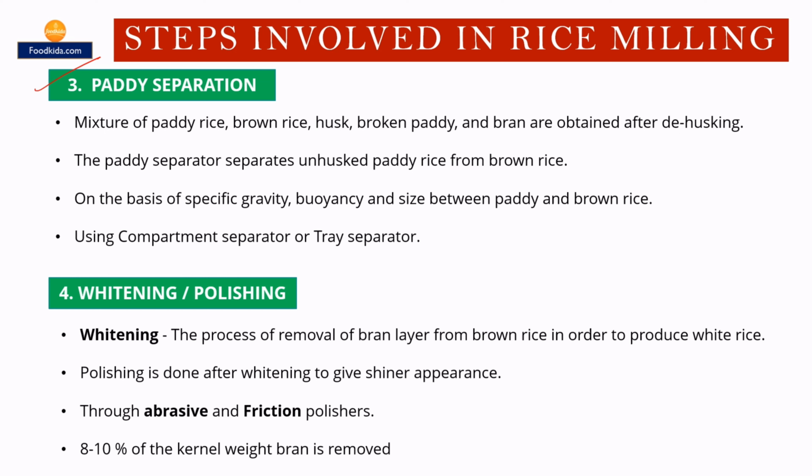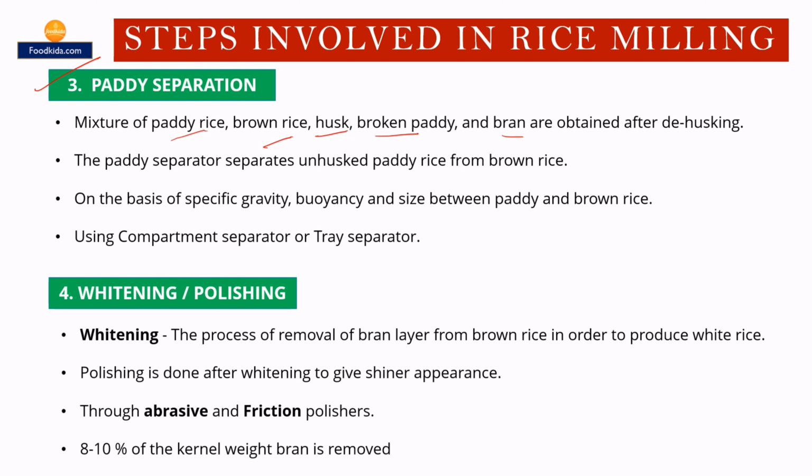After dehusking or dehulling, a mixture of paddy rice, brown rice, husk, broken paddy and bran is obtained. The huller removes the lighter material like husk, bran, and very small brokens. But the remaining materials are passed to the paddy separator.